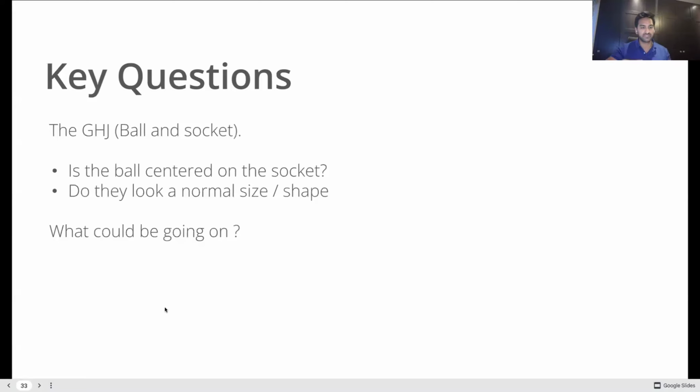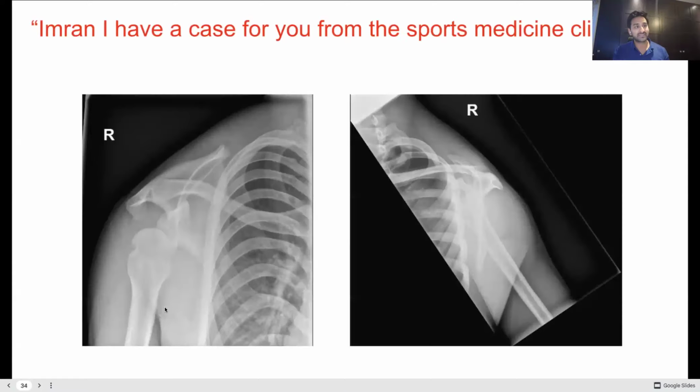Now, the rotator cuff is made of tendons that go around the humeral head to keep things in place. The reason we can move our shoulder so much is because it's not really encapsulated like a proper joint. It's a flat thing, so your shoulder can go around. What's giving it stability are the muscles and tendons around it. And that also means there's going to be a propensity for dislocations.